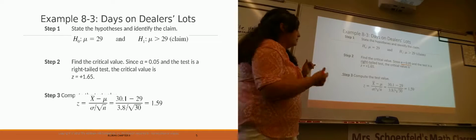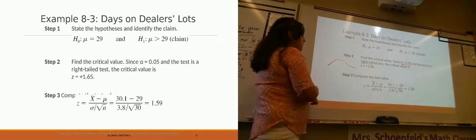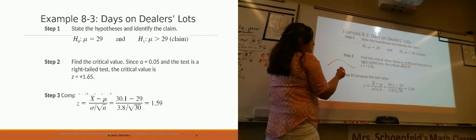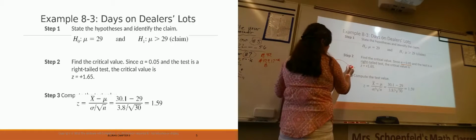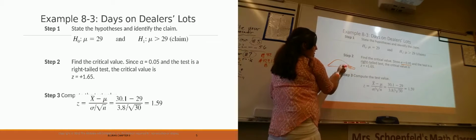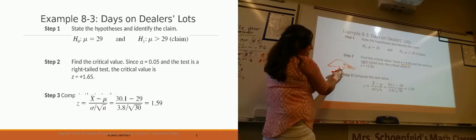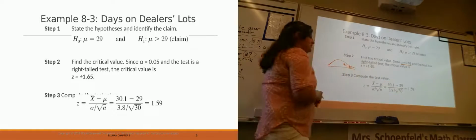If I don't have it handy, I'm always saying this. Greater than is the top. So if this is 5%, this has to be 0.95. I'm using my chart to find 0.95, and then I get 1.65.